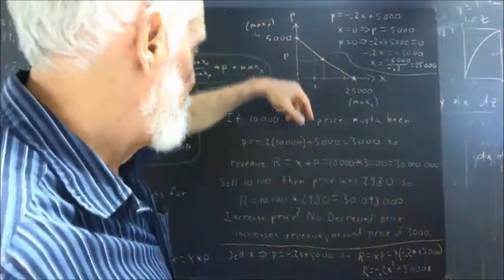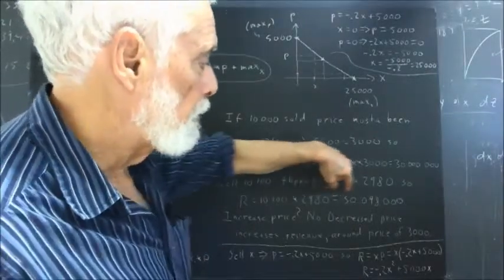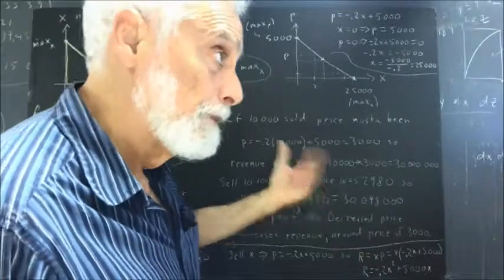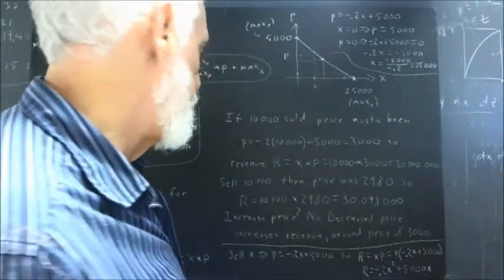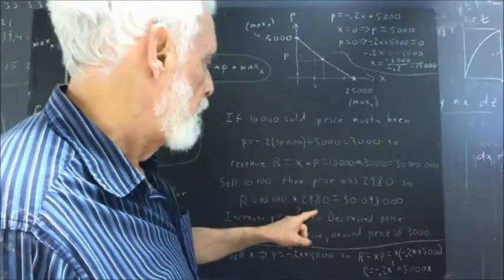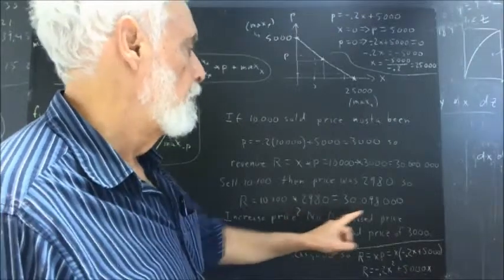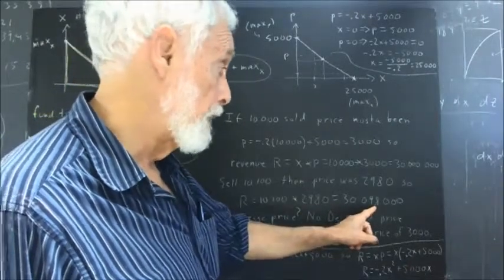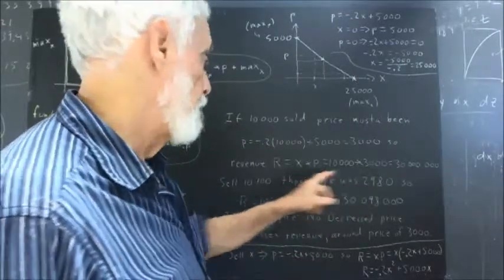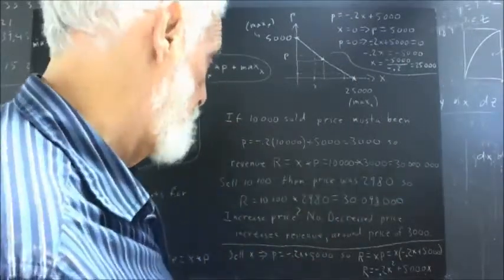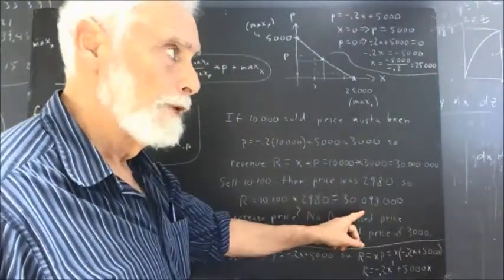Okay, and you multiply that by the 10,100 that you sold, and you get 30,098,000, presumably dollars, in revenue. So what happens here is this is a lower price than this. The price is $2,980 here when your revenue is $30,098,000, and your price is $3,000 when your revenue is $30 million. Meaning that the lower price gives you the better revenue.